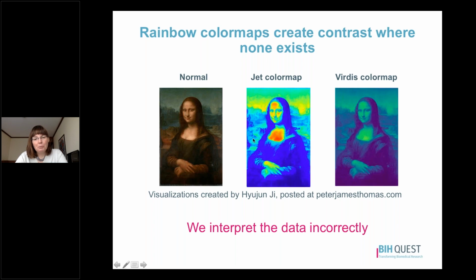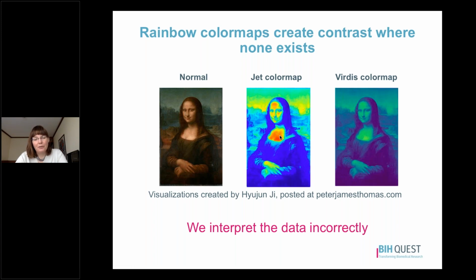So if I look at the normal version and the Viridis color maps, I can see that the chest and the face region are a bit lighter compared to other parts of the figure. But when I look at this in the jet color map, these regions really stand out because my eye responds so strongly to these red and orange colors. And so this again is not real. It's simply a function of the way that my eye is responding.